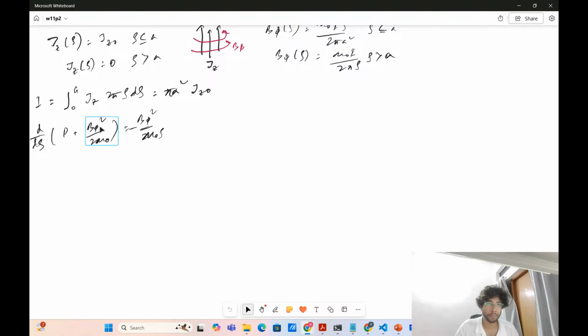From here we know b phi, right, and we can calculate p, right. So how do we do that? It is dp by d rho equals minus b phi squared by mu naught rho minus 1 by mu naught b phi db phi by d rho, right?